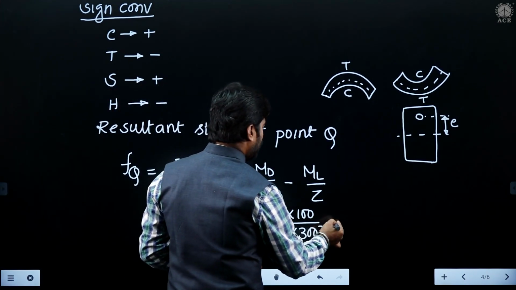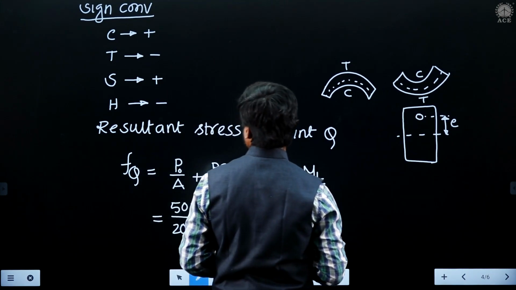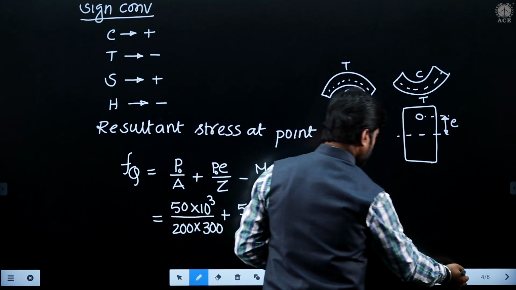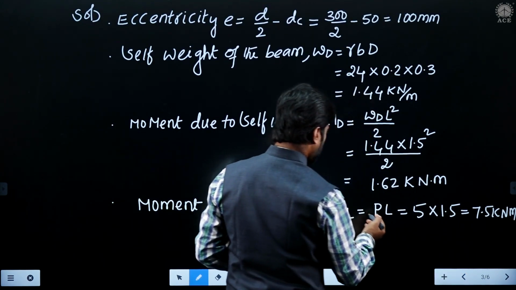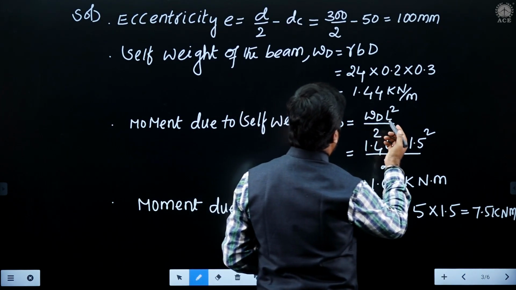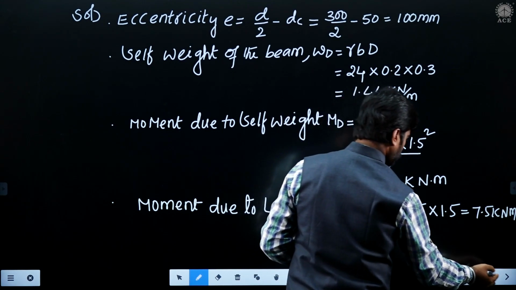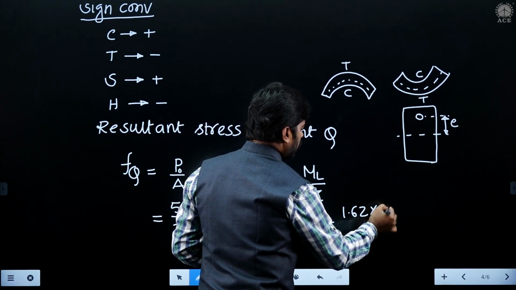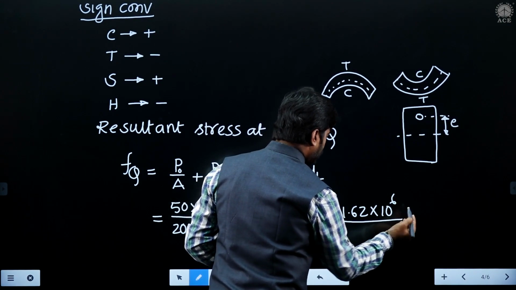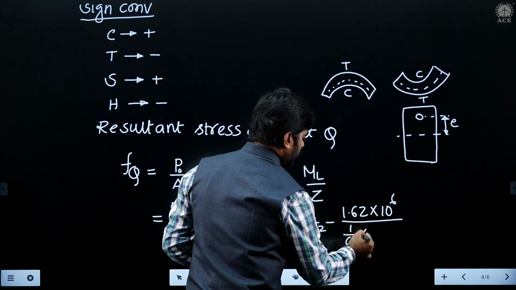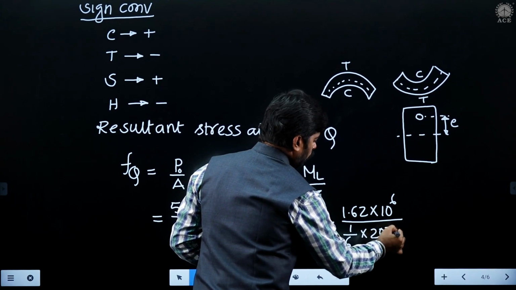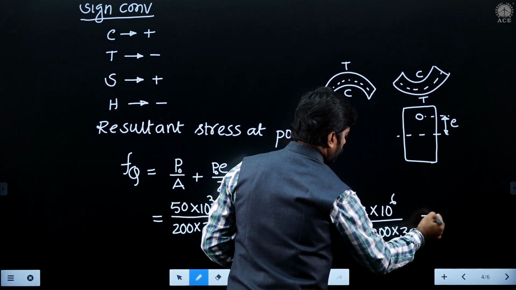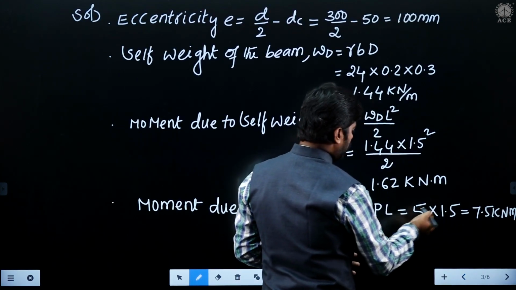Minus MD upon Z. My dear, what is the MD here? Can you tell me the MD? Moment due to self weight. We are getting 1.62. 1.62 into 10 to the power of 6 upon 1 by 6 into BD square, 200 into 300 square, minus what will be the moment due to live load?